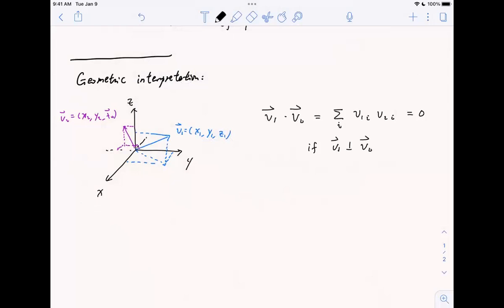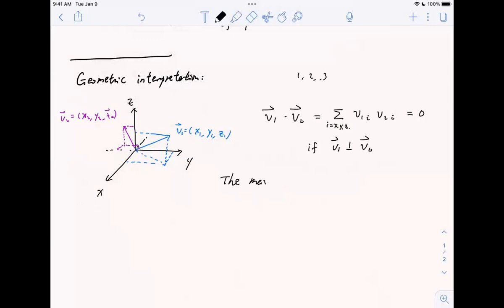So here this sum over i basically means you sum over 1, 2, 3, or you just sum over x, y, z. It doesn't matter. So how many vectors can you find to be perpendicular?